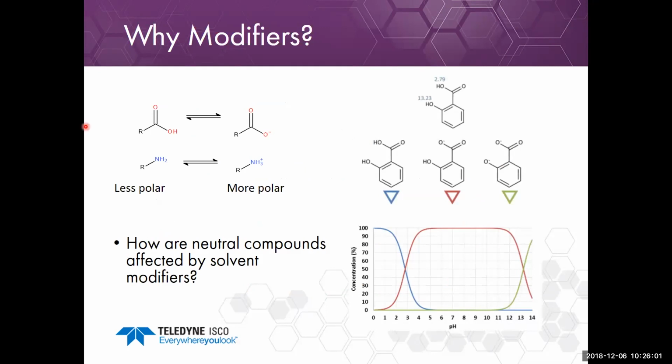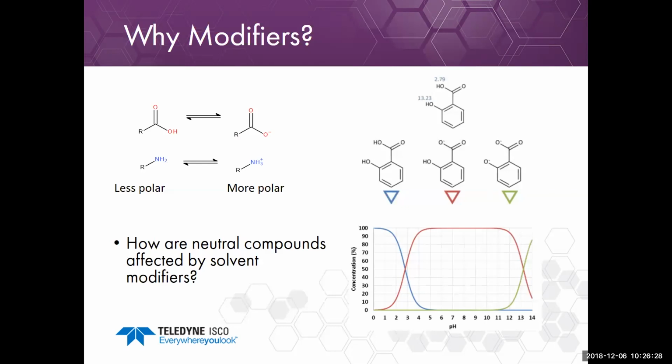So again, why modifiers? We have a carboxylic acid over here and a primary amine here. When we ionize them, they become much more polar. When running reverse phase, more polar compounds elute earlier. Neutral compounds, however, they are affected by solvent modifiers, but not in the way that you might think.